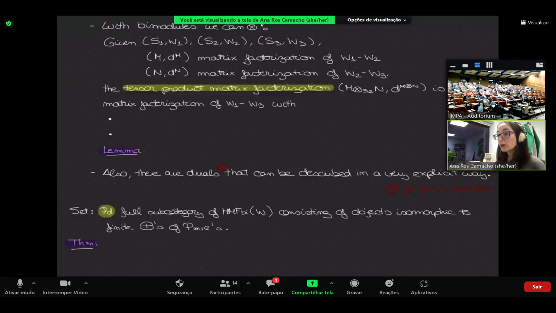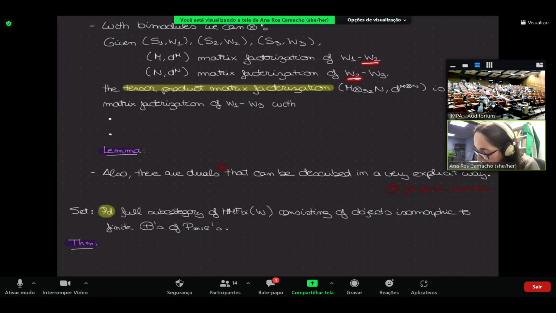So continuing with remarks, whenever we have bimodules, we can tensor them. If you give me 3 pairs of a polynomial ring and a potential in it, and I construct a matrix bifactorization of one potential minus the other, and another of the second and the third potential, I can tensor them. And how do you do this? Well, the tensor product matrix factorization is a factorization of W1 minus W3.